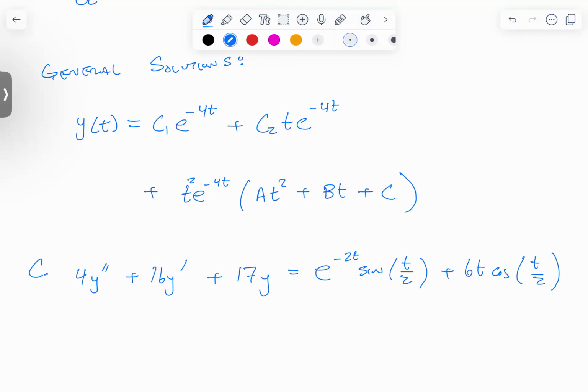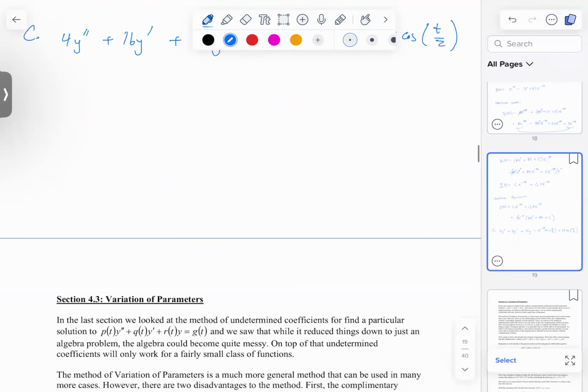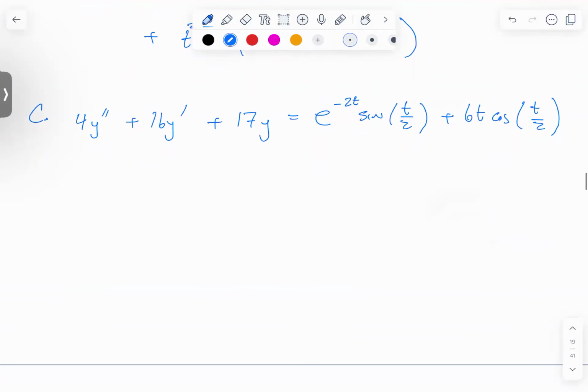All right. Once again, start with our characteristic equation of the homogeneous associated function.